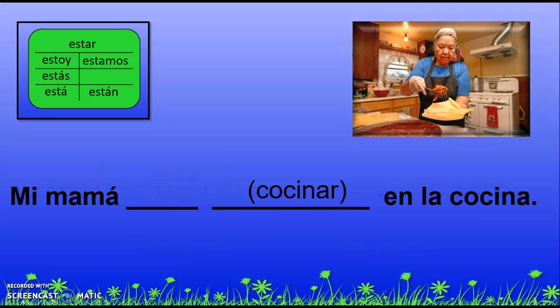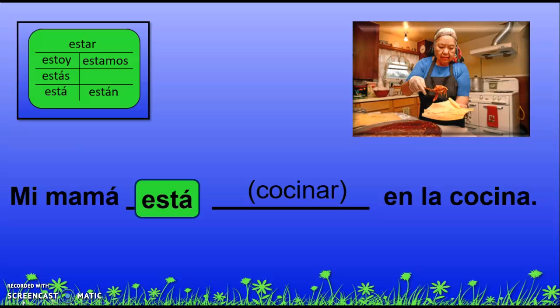Mi mamá is the subject. So first we're going to need a form of the verb estar. Mi mamá is most like ella, so we'll use the third person singular form of the verb está. Cocinar means to cook. Look at that. Cocinar, cocina.